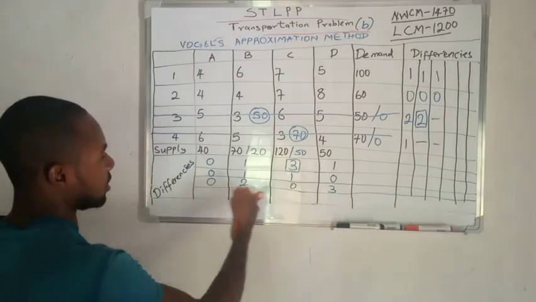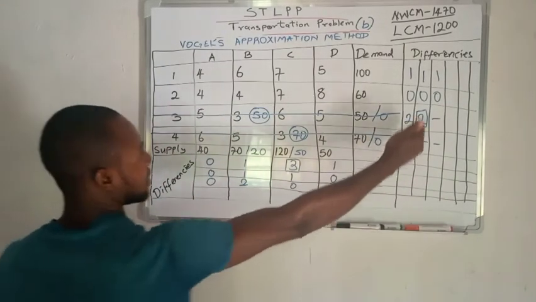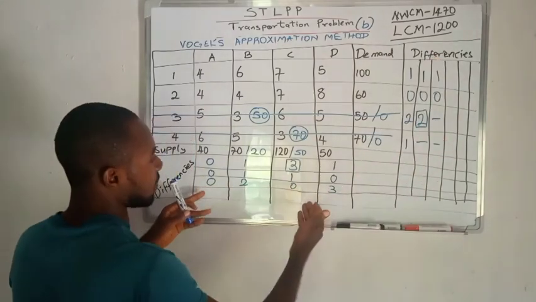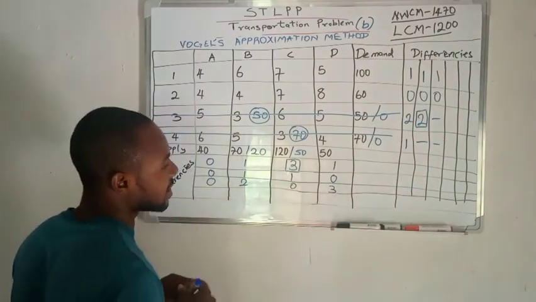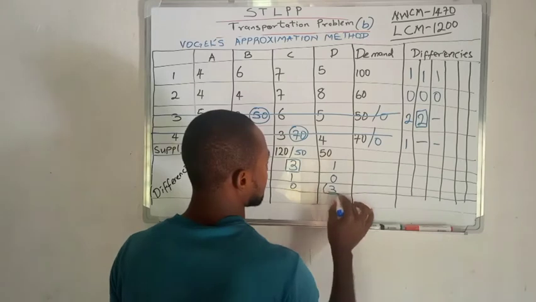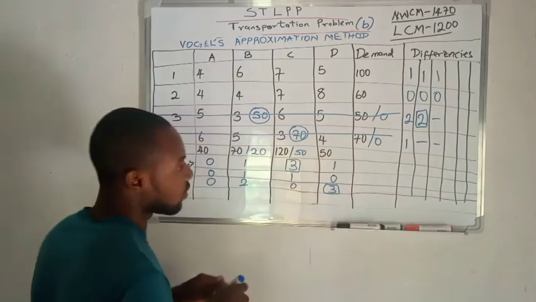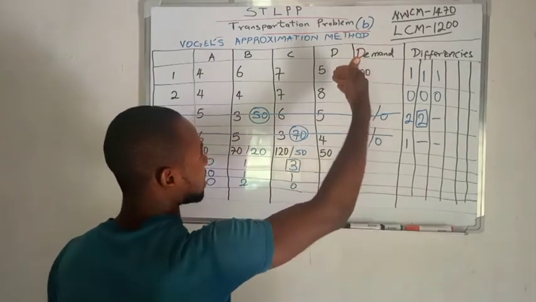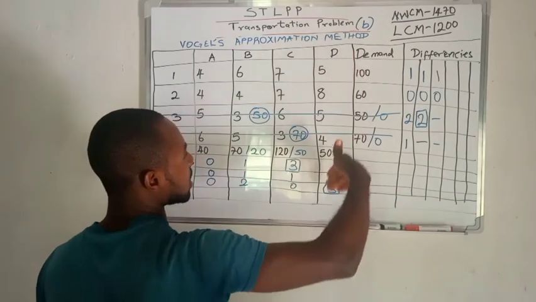So we check the differences here, and that's the third difference that we got. The biggest is 3, so we have 3 here, and then we'll go through this column and check for the smallest cost in this column.